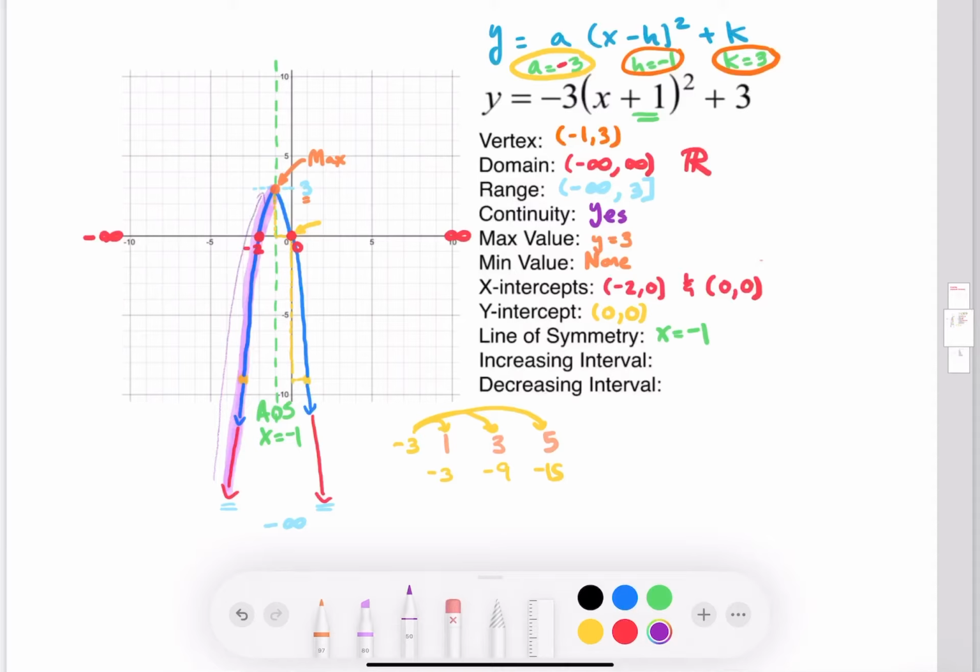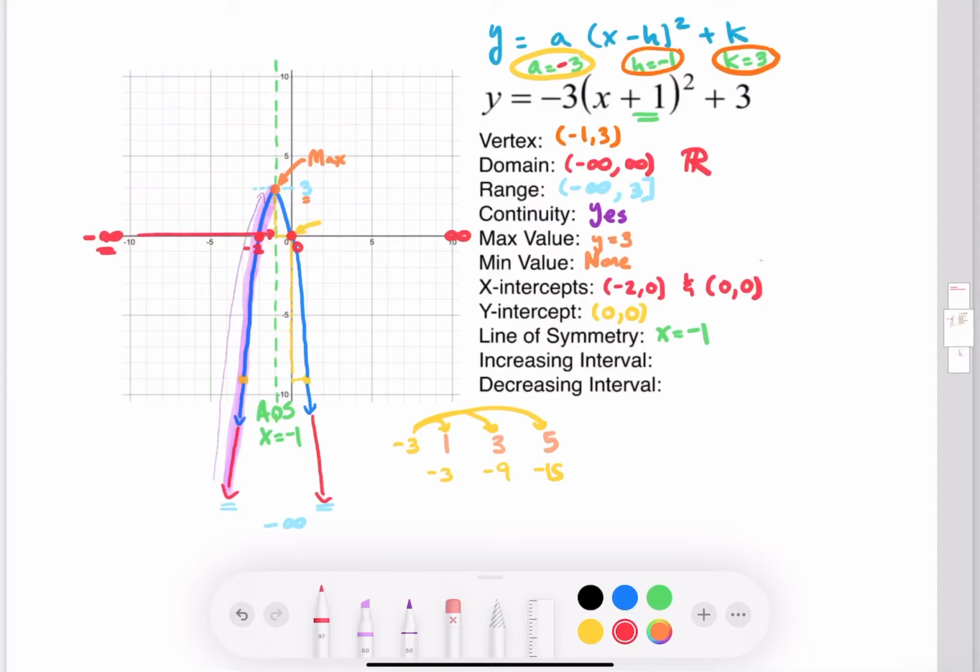Well, where does that upward direction begin? That upward direction begins at this negative infinity because it's starting on the left side. Starting all the way to the left, it keeps going in an upward direction from left to right up until it hits this line of symmetry.